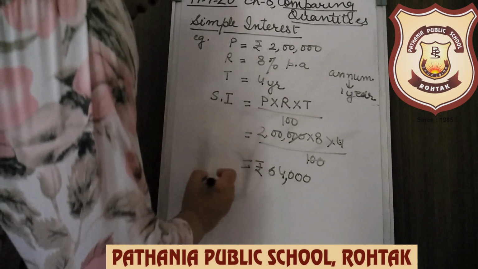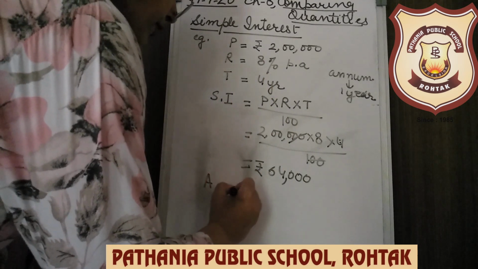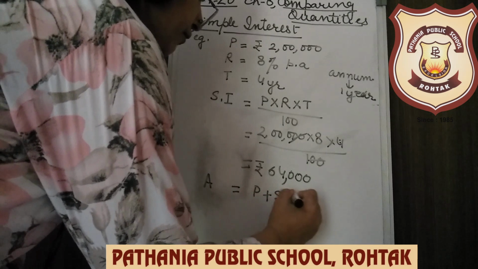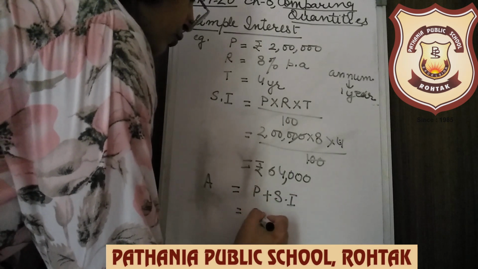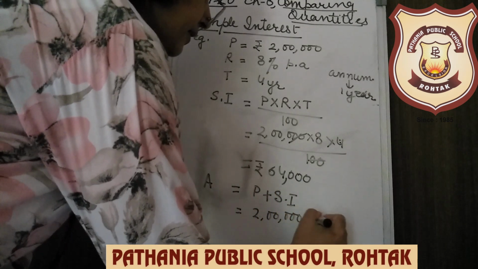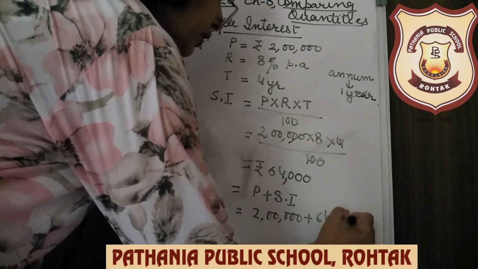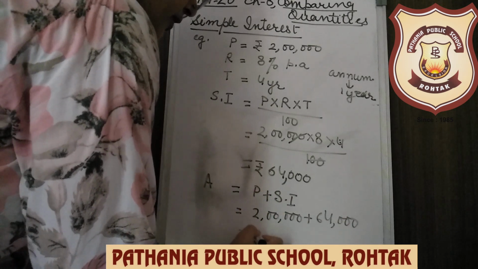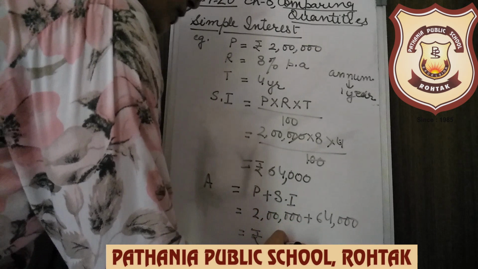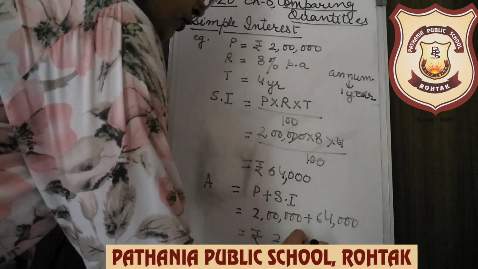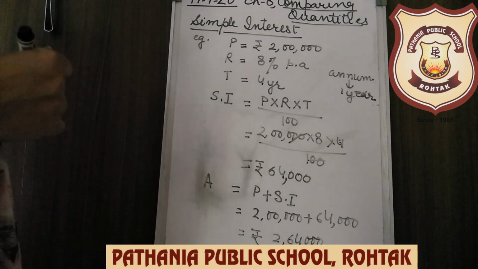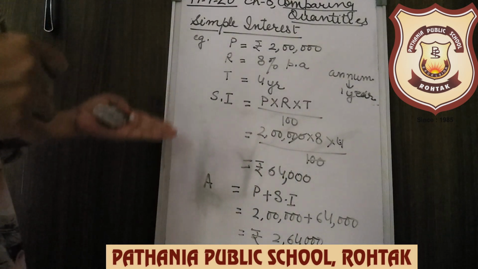Now what amount you will get after 4 years is principal plus simple interest, that is 2 lakhs plus 64,000, that is rupees 2,64,000 you will get at the end of 4 years.